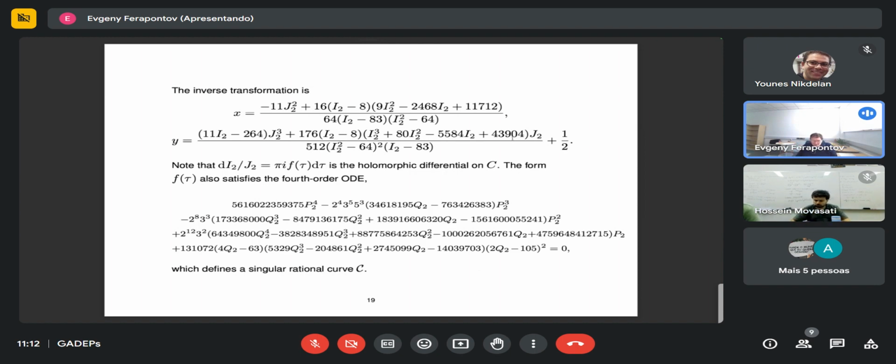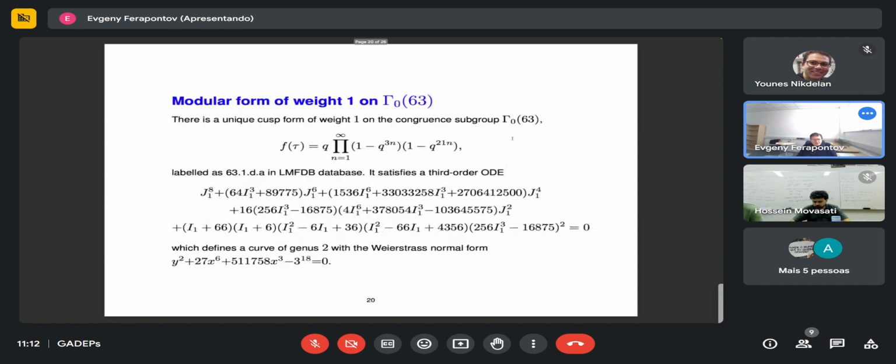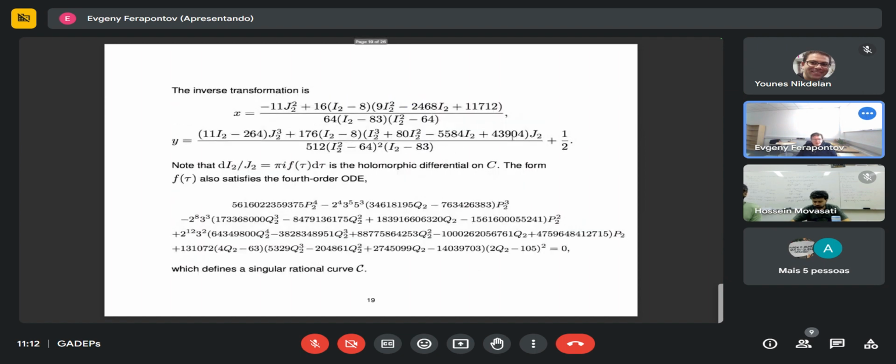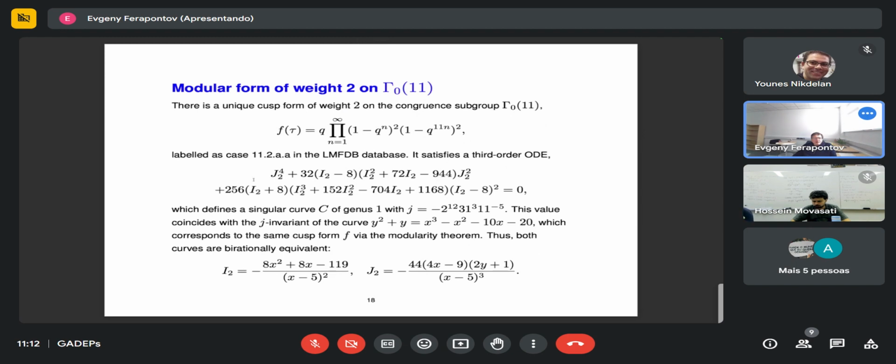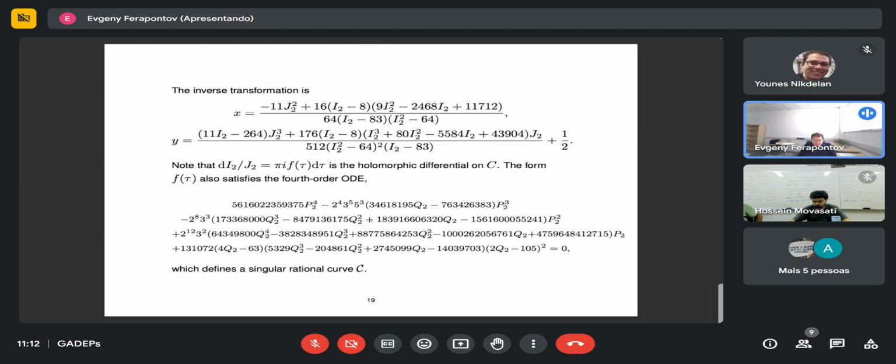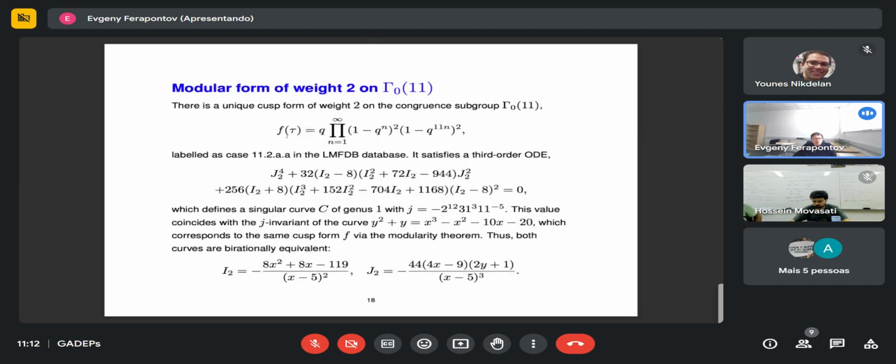In other words, the differential equation for f of tau, written as a curve, knows the elliptic curve that corresponds to this modular form via the modularity theorem, right? It knows this curve.